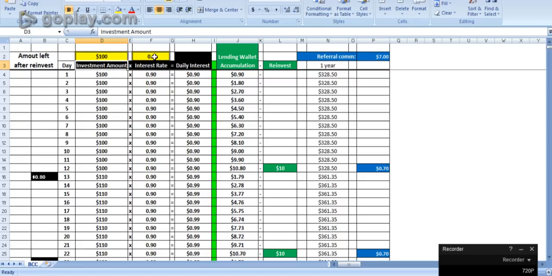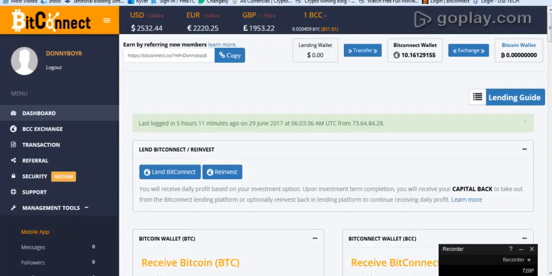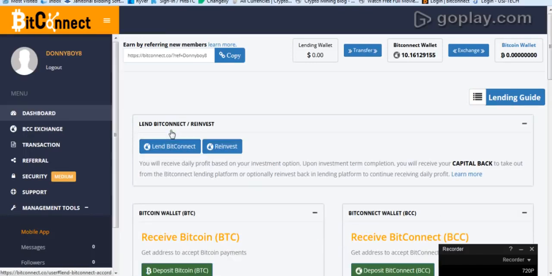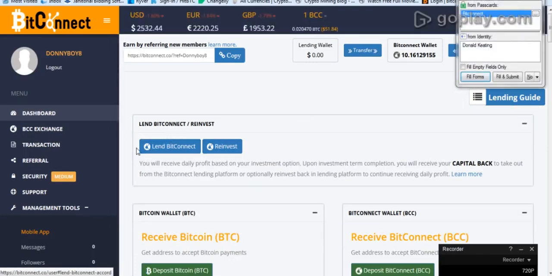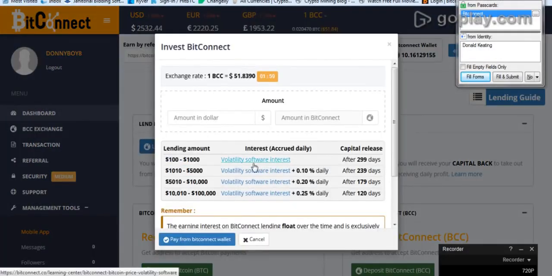And then this block is your average daily interest rate. I used 0.9 because that is what BitConnect has been averaging paying out over the last 30 days. I just want to double check that again.